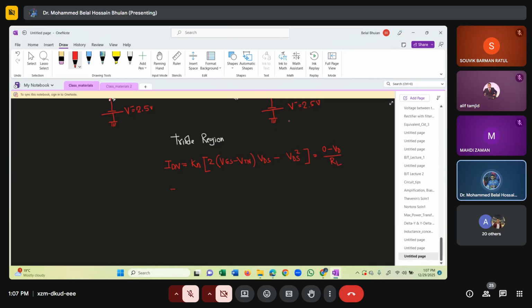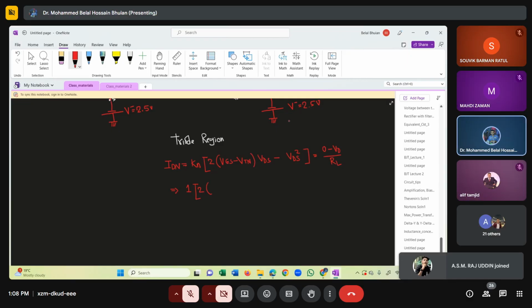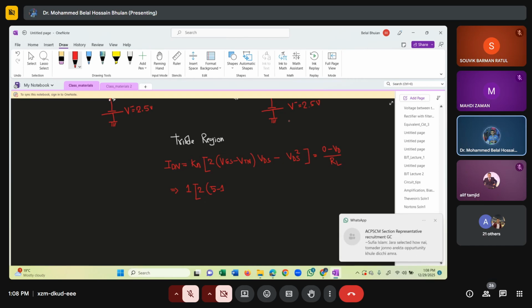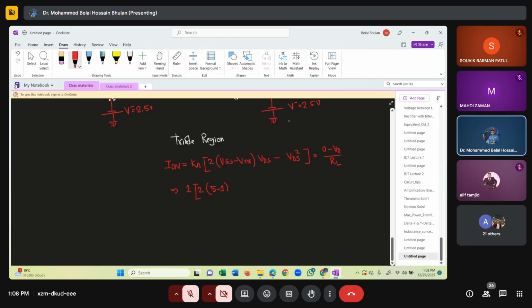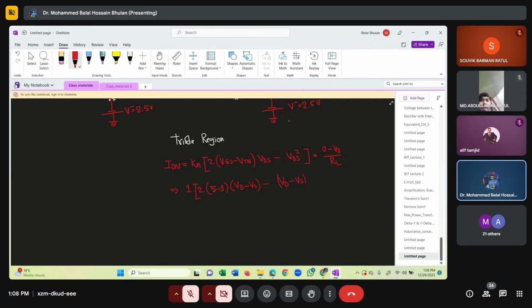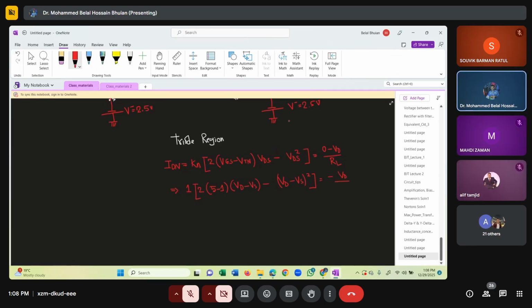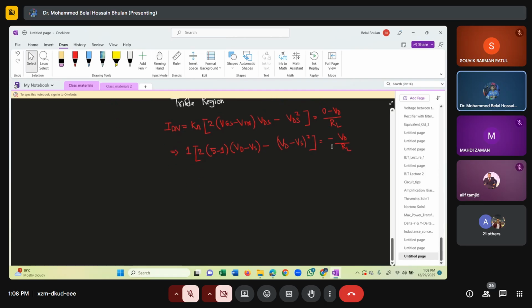So that can be written as 1/2, VGS is our 2.5 minus 2.55 minus 1, and VDS is VD minus VS, minus again VD minus VS whole square, equals minus VD divided by RL. Okay, now let's do it again.